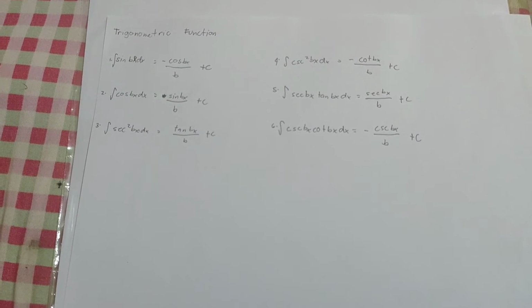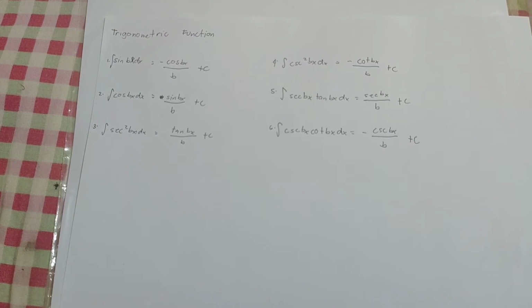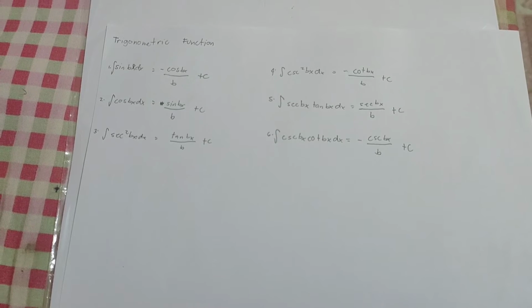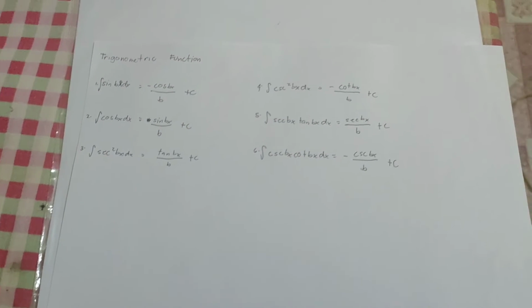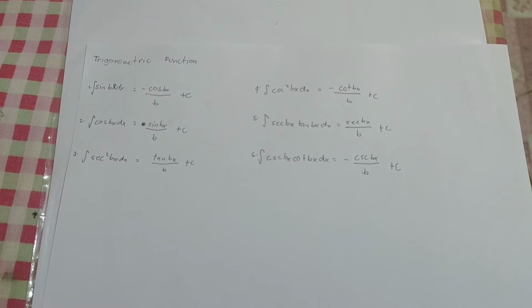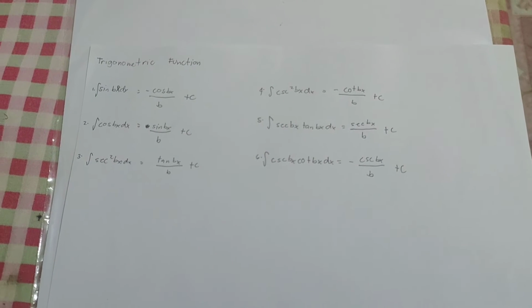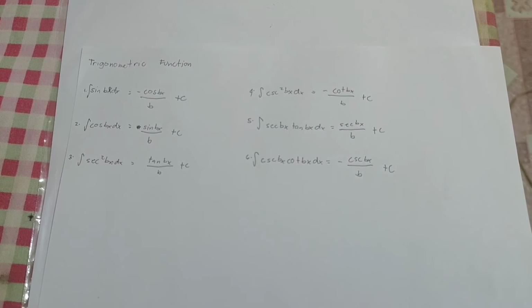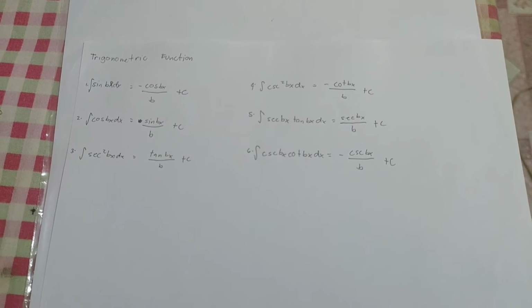The third is the integral of secant squared bx dx, which is tangent bx all over b plus c. The fourth is the integral of cosecant squared bx dx, which equals negative cotangent bx all over b plus c.